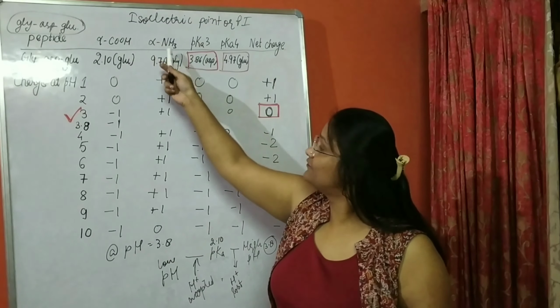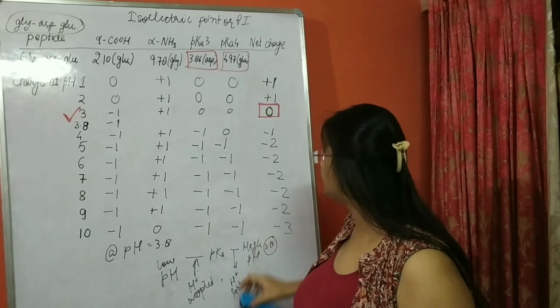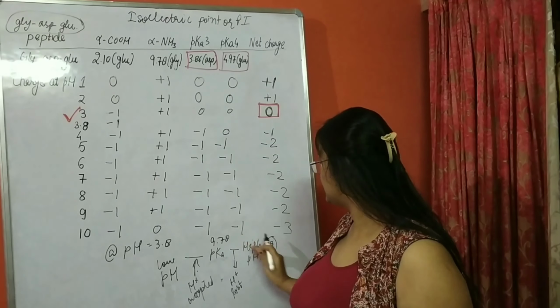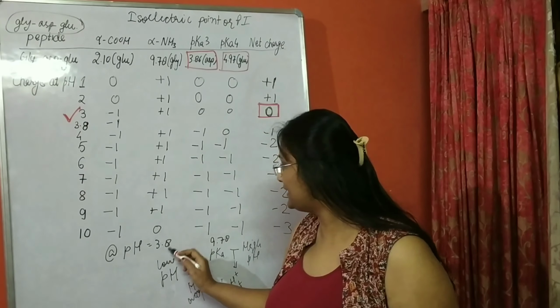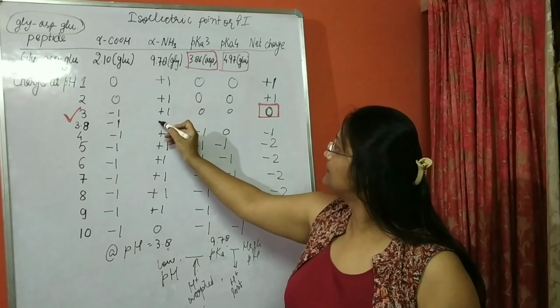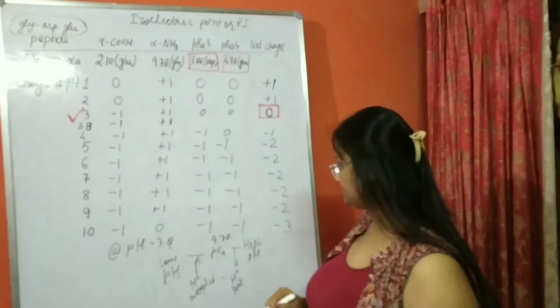Now for alpha NH3, pKa is 9.78 and the pH, which is 3.8, is lower. So again, the H plus will remain accepted for this one.